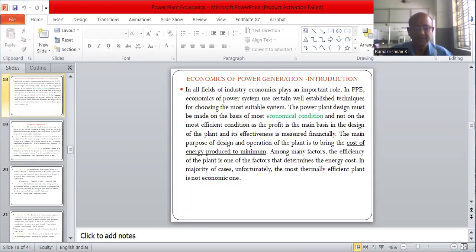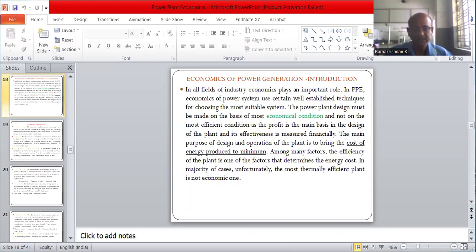So for many years, there have been many techniques and technologies developed for economic power generation. So the aim of the power plant design is ultimately based on the economical condition rather than on efficient condition.